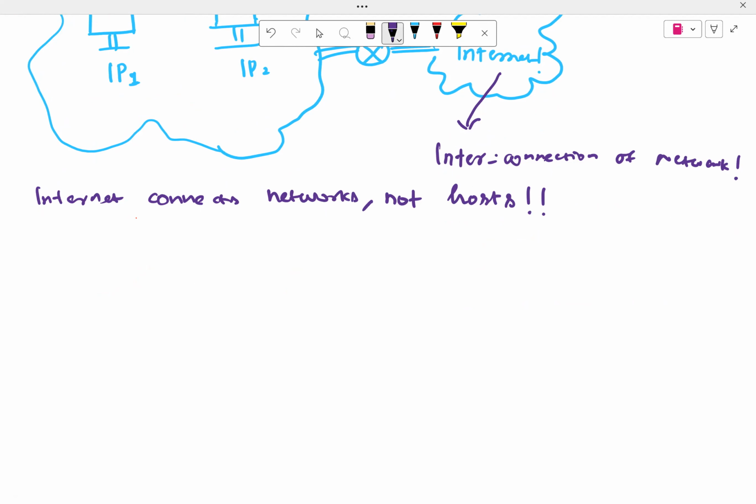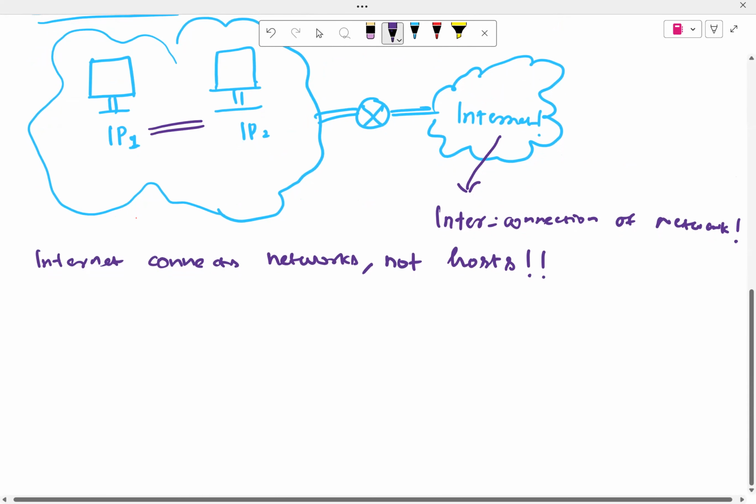That's where we think about giving an address to a network, or a group of hosts. This is a group of hosts, not a host.